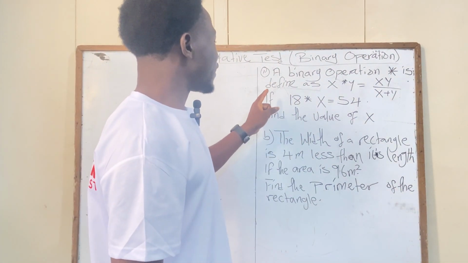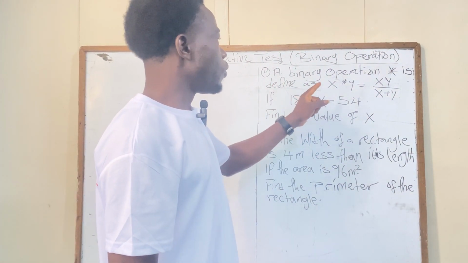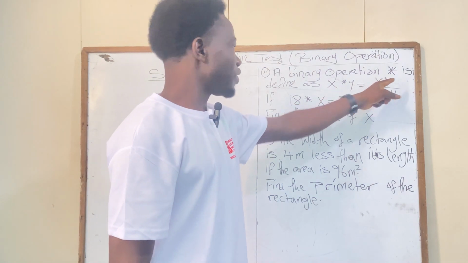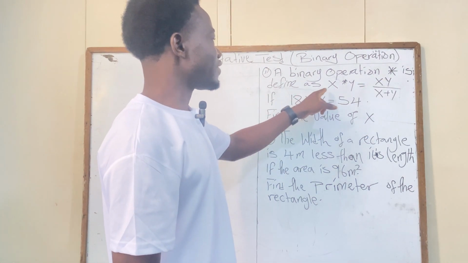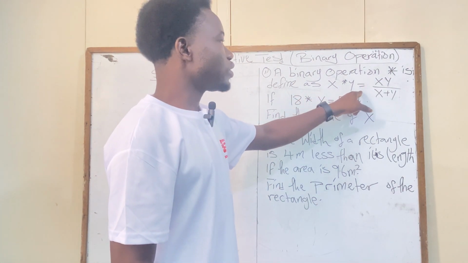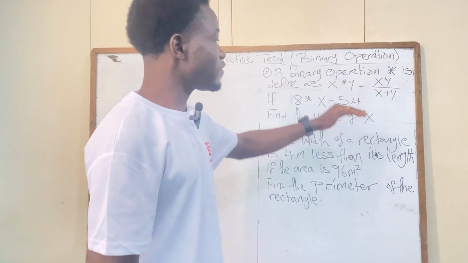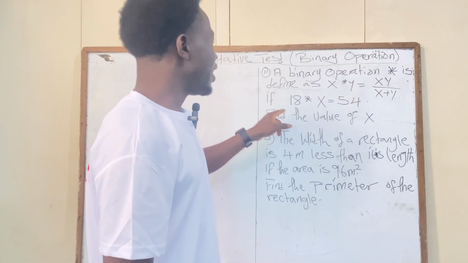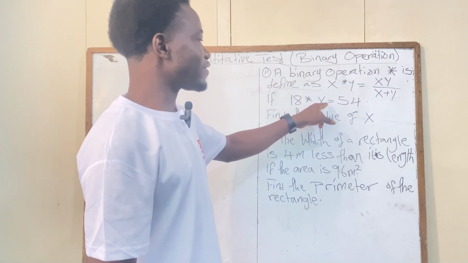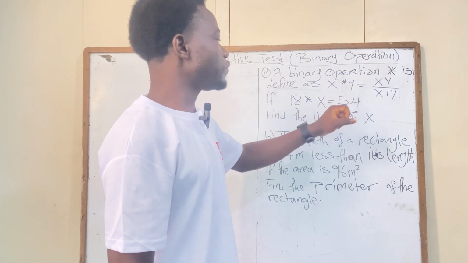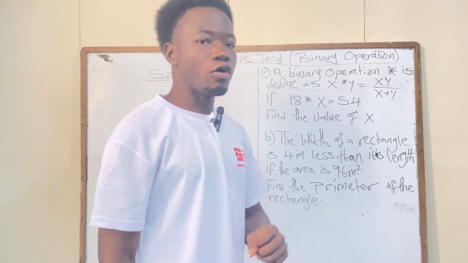The question says that a binary operation star is defined as x star y equals xy all over x plus y. So that is the operation definition. If 18 star x is equal to 54, find the value of x.